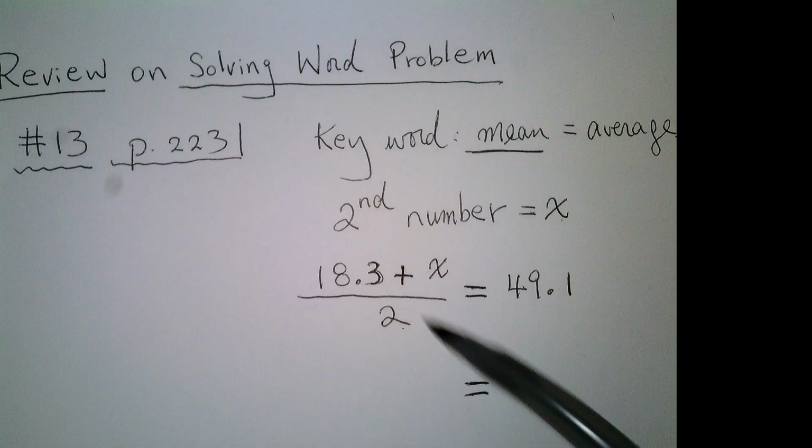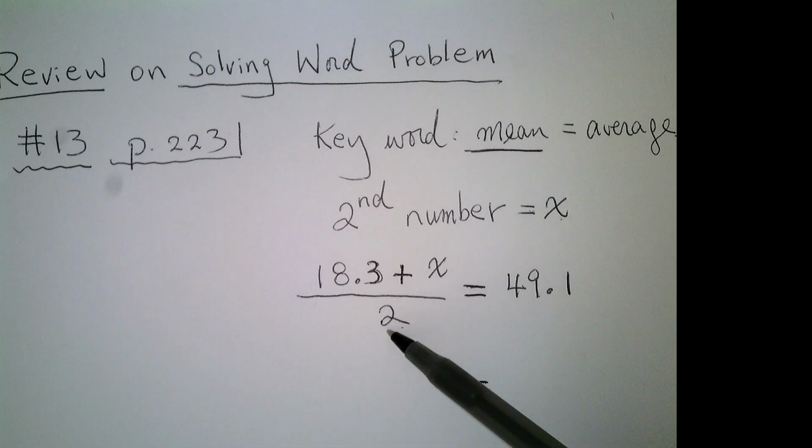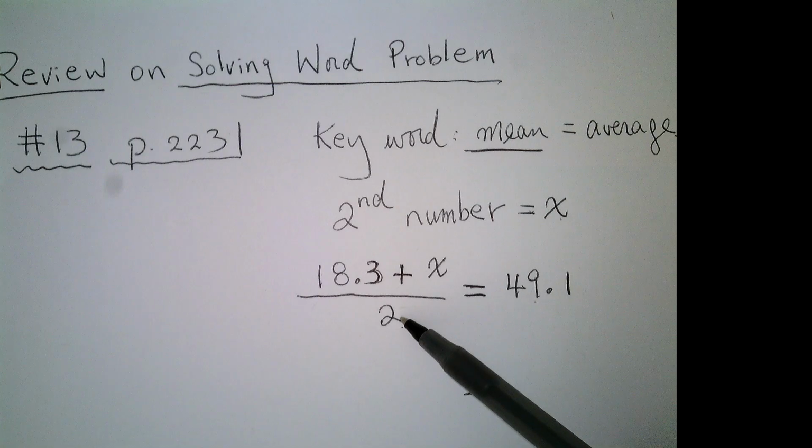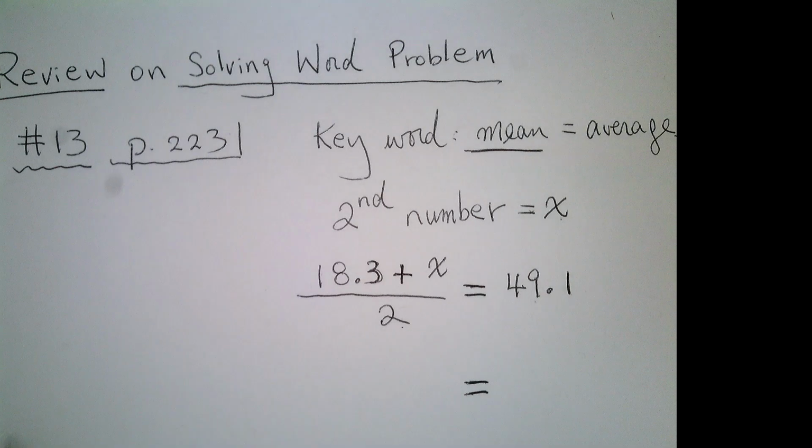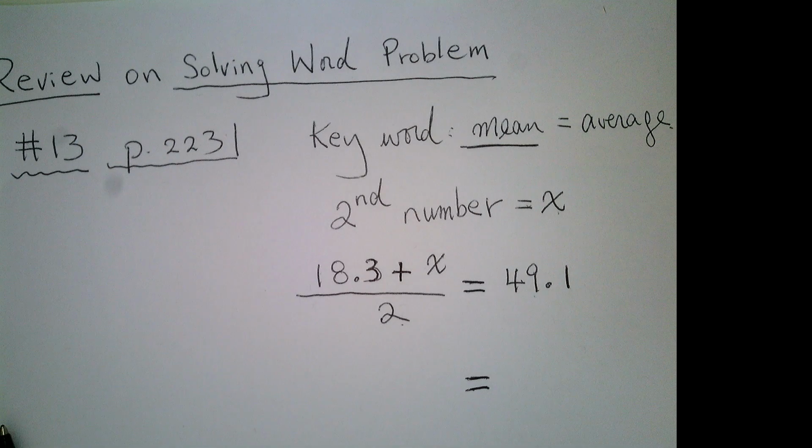Okay? So for question number 13, the average of the two numbers is 14.1. Find the number. So right now I'm asking, even individuals who already submitted the assignment, you're analyzing the question arithmetically. That's great, but that's an elementary school method. That's not using algebra. So you're asked to use algebra. So I'm asking all of you right now, either take a picture of it, or write it down.